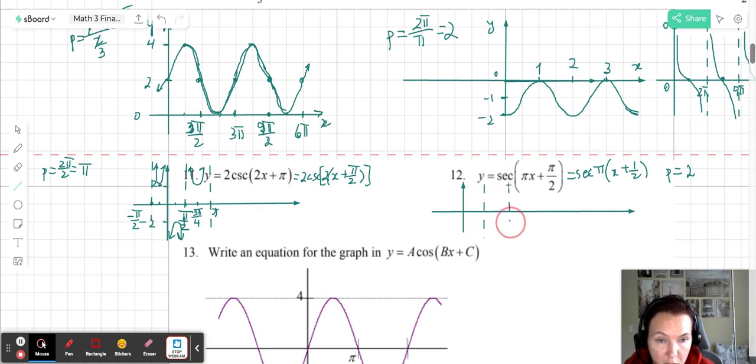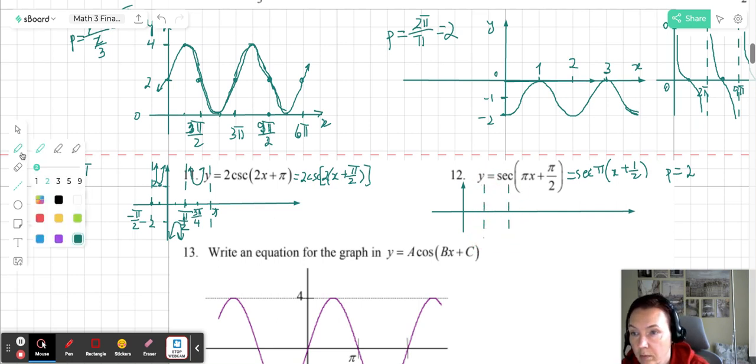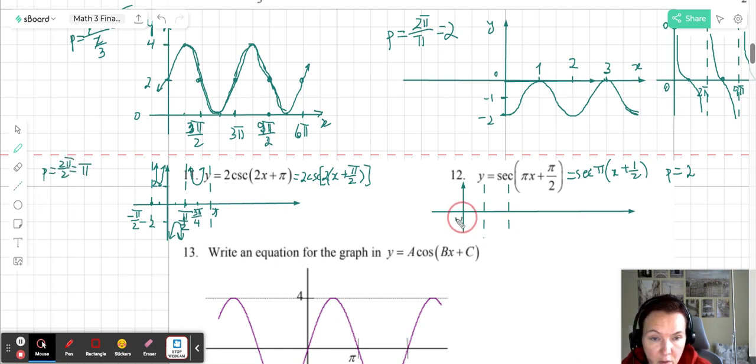So that's going to be 0, 1, 2, and so on. And then our graph, oh, and since the amplitude is 1, we just go from 1 to negative 1, or from negative 1 to 1. And then our little U-shapes are going to go like so and like so.